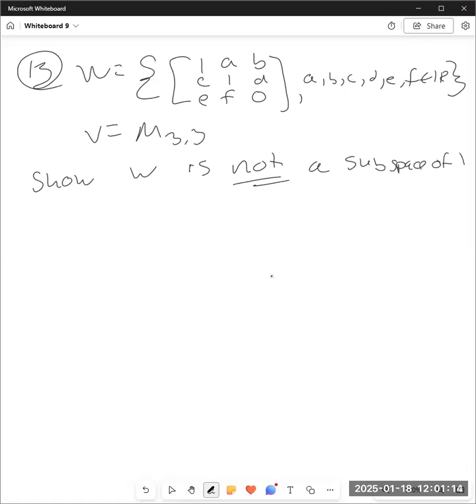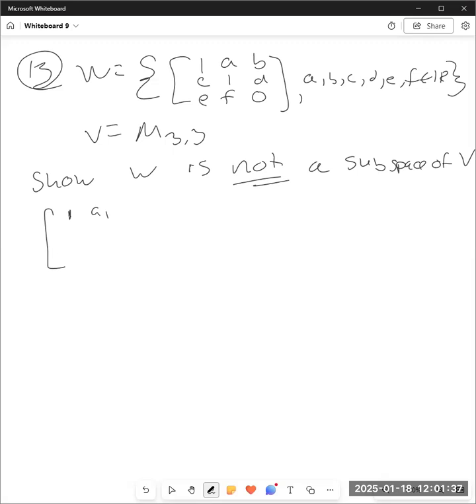So let's go ahead and check for closure under vector addition, where we would have a problem. Either one of these, but let's just see if this is closed under vector addition.